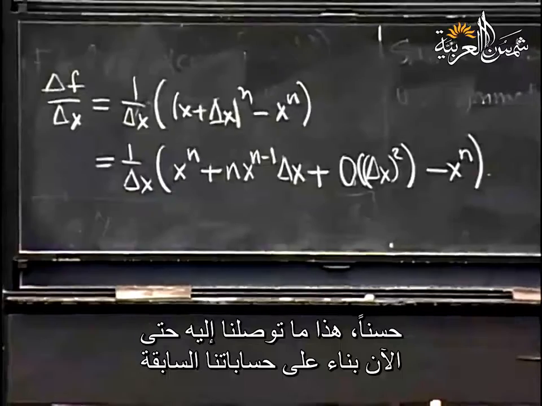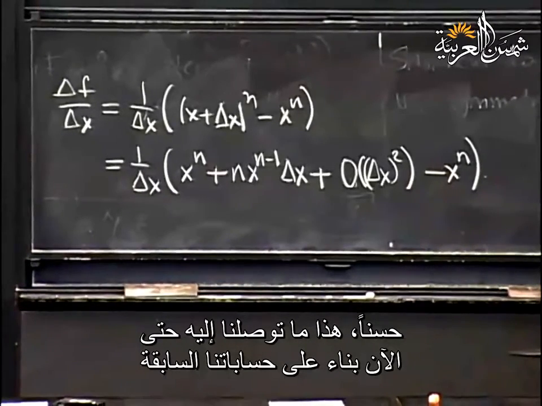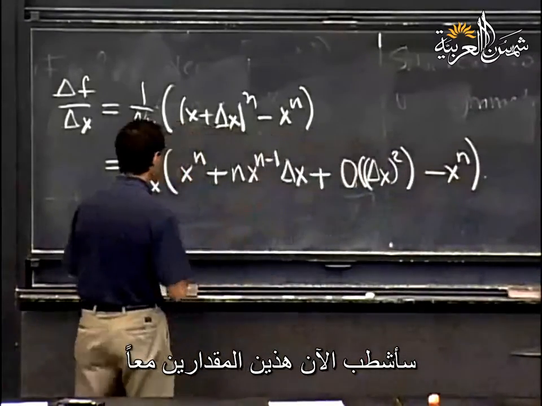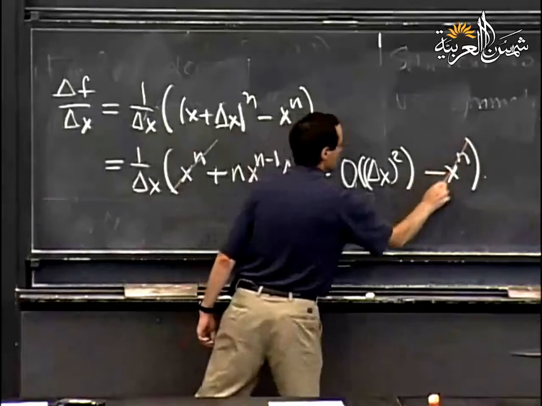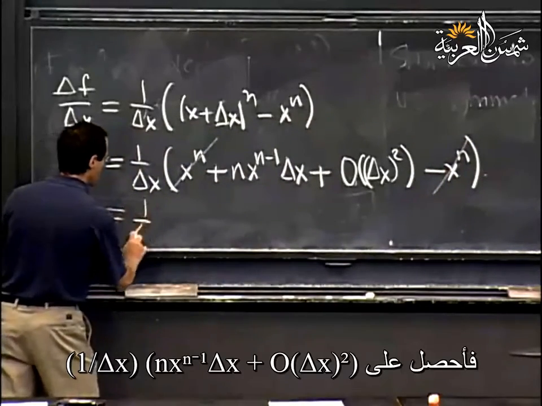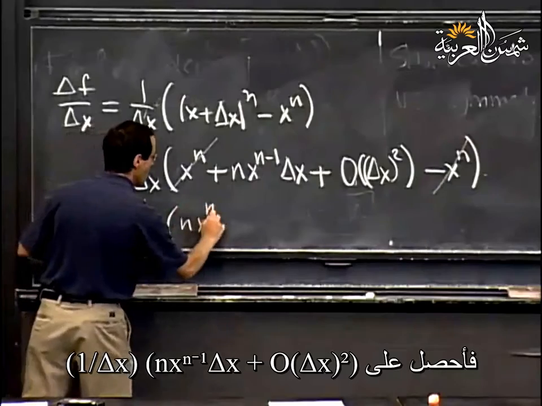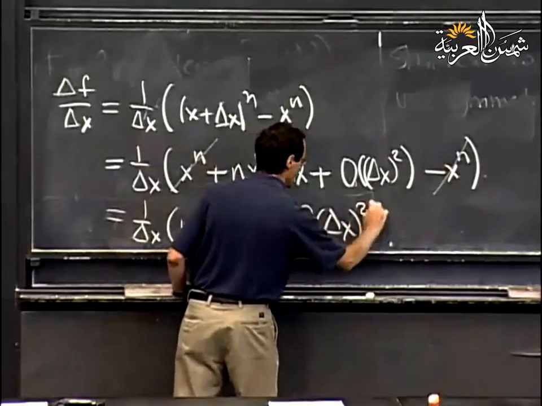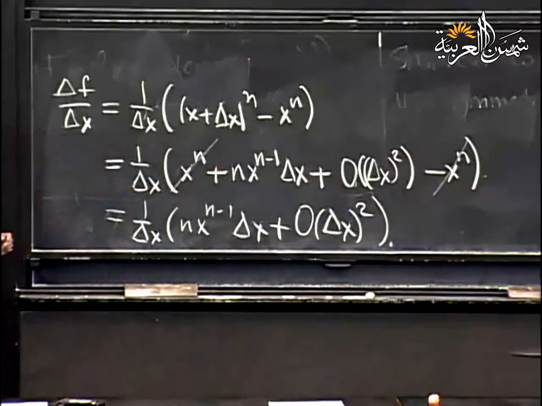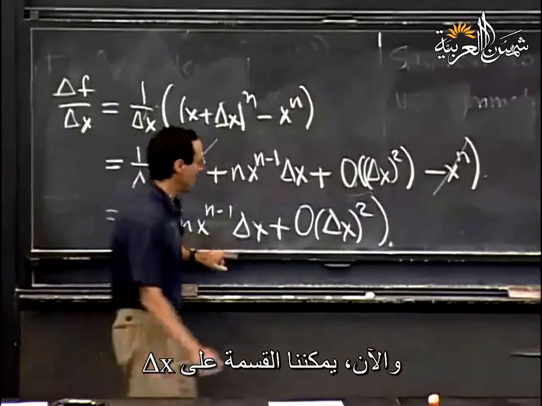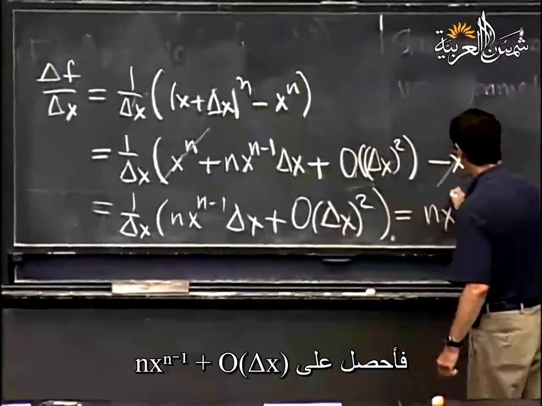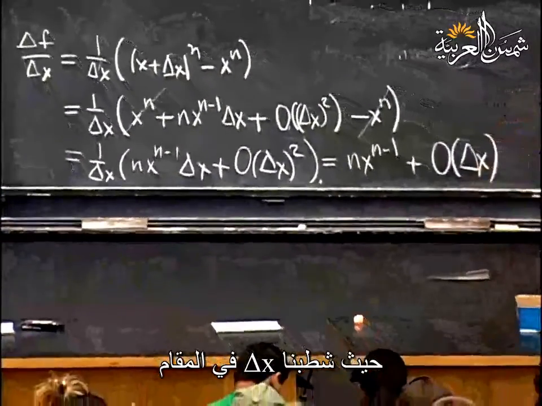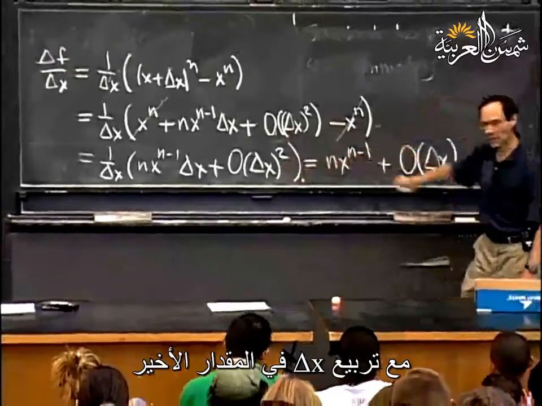All right, so that's what we have so far based on our previous calculations. Now I'm going to do the main cancellation, which is this. All right, so that's 1 over delta x times n x to the n minus 1 delta x plus this term here. And now I can divide by delta x. So I get n x to the n minus 1 plus, now it's O of delta x. There's at least one factor of delta x, not two factors of delta x, because I have to cancel one of them.